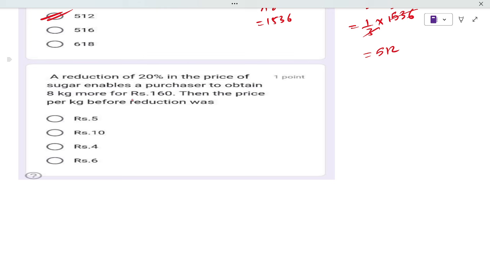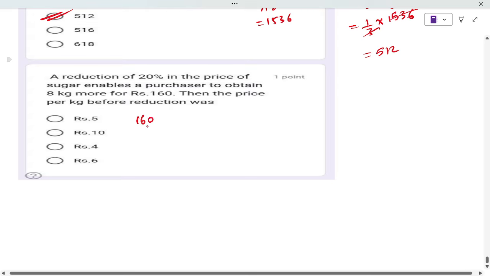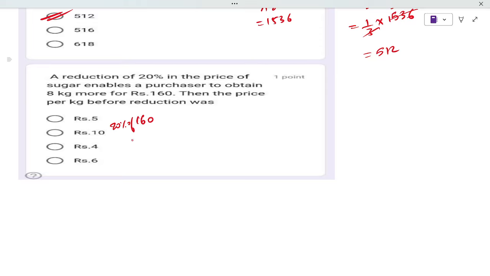So 20% reduction on rupees 160 will be what? The normal method is 20% of 160, that is 20 by 100. I don't do it this style, but let's do it this way.